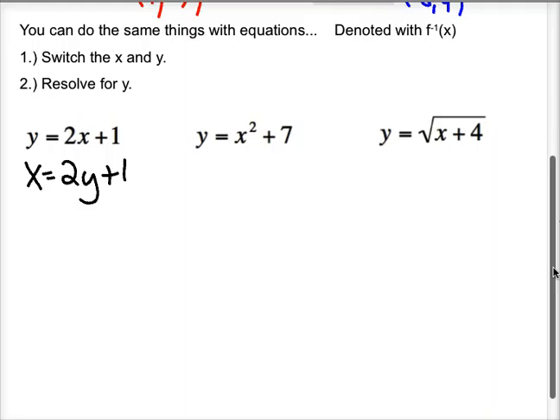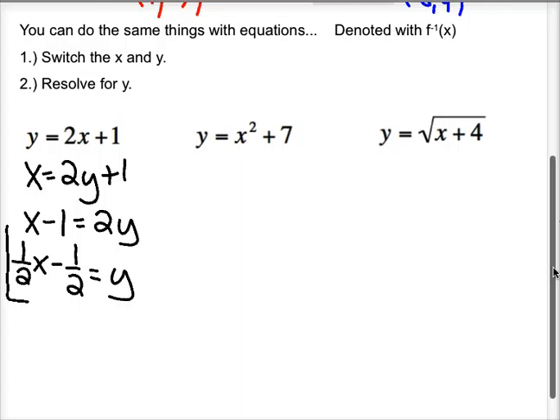And now the inverse equation that we're looking for is when you resolve it for y. So what that means, to resolve for y, I'm going to have to subtract the 1 over and divide everything by 2. And that is how you get your inverse equation.